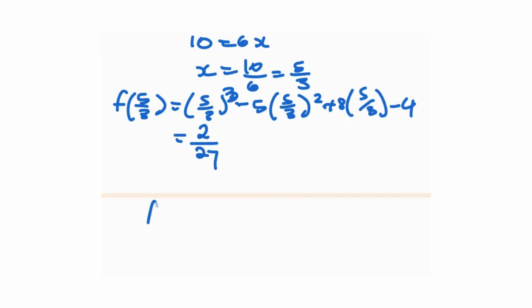So it means the coordinates of the point of inflection are 5/3 and 2/27, and we are there.